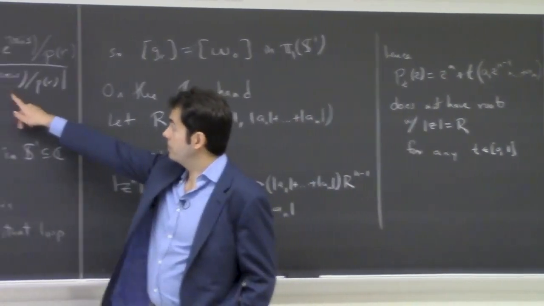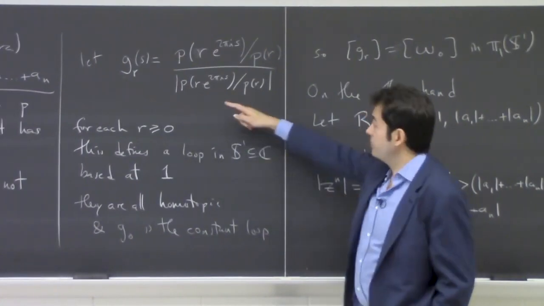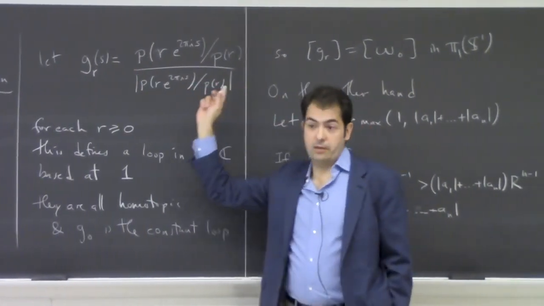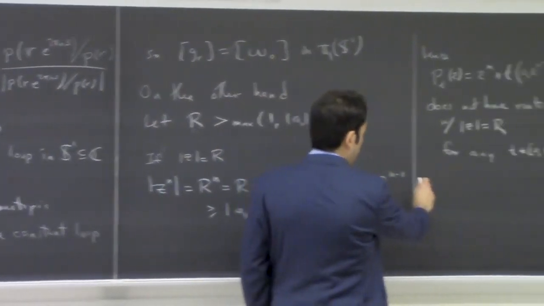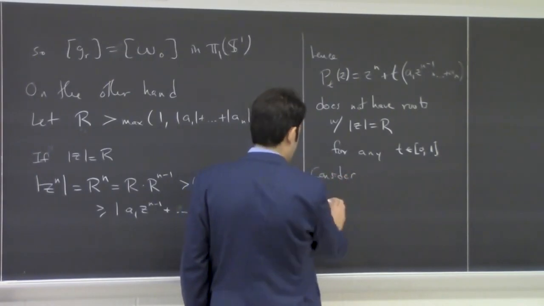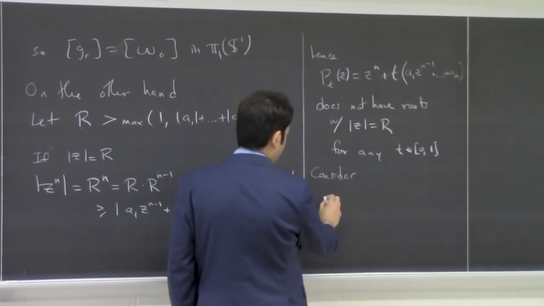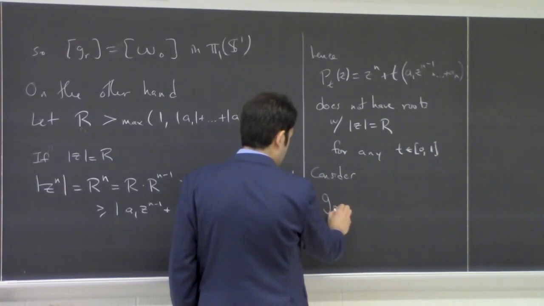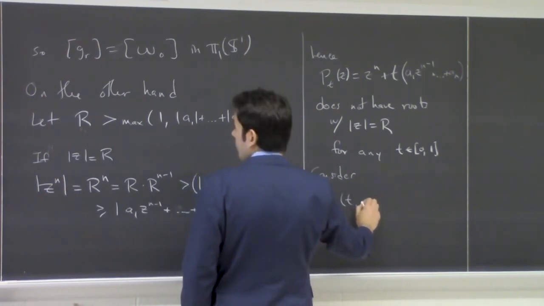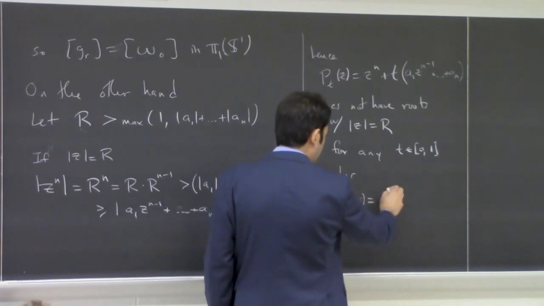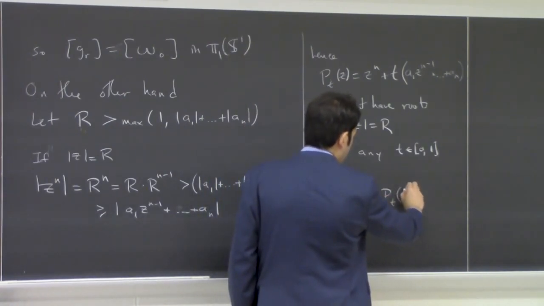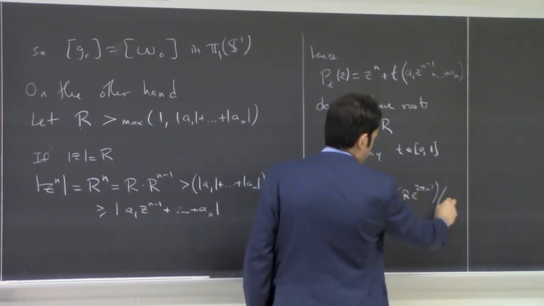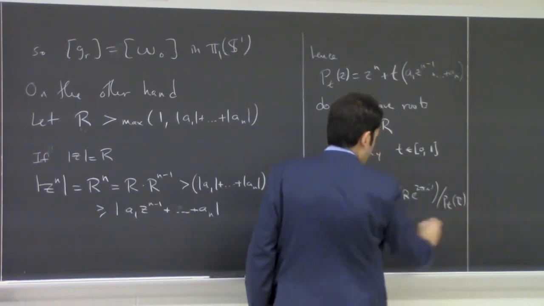So now take this description of g, fix little r equal to capital R, but change the polynomial by putting in t. Right? So consider, call it g sub r of t and s, which is the same thing as before, but now we have p sub t of r times s divided by the modulus.